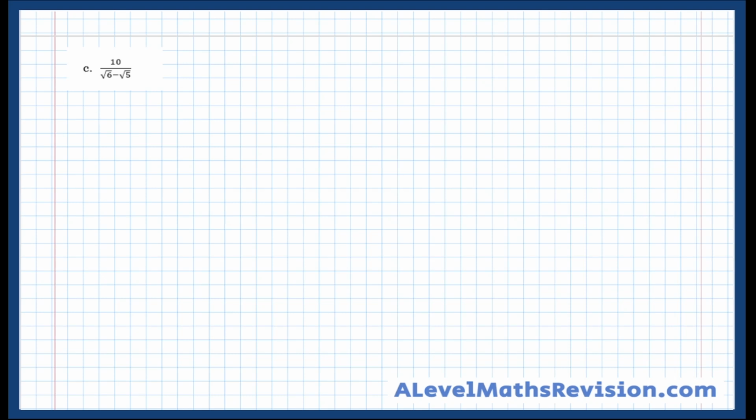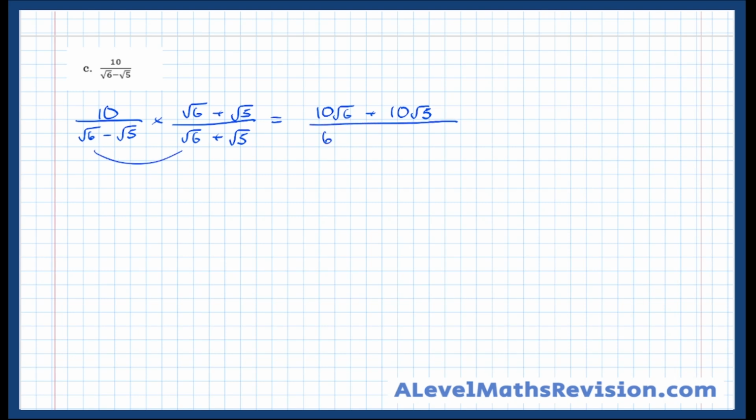So, copying the question out as is good practice, we get 10 over root 6 minus root 5 times the conjugate over itself, root 6 plus root 5 over root 6 plus root 5 equals, well, the top becomes 10 root 6 plus 10 root 5 divided by, so we've got 6 minus, or rather plus root 6 root 5 minus root 6 root 5.